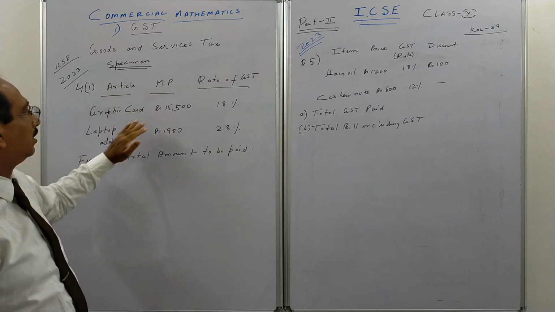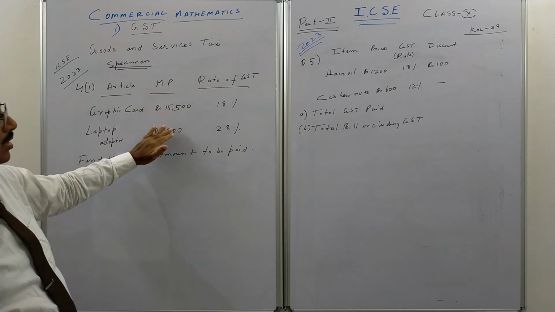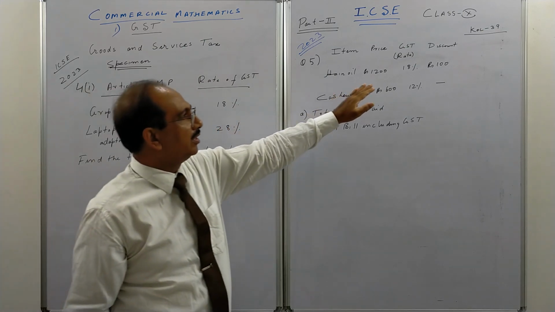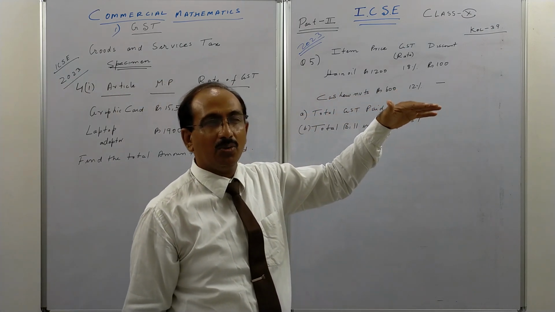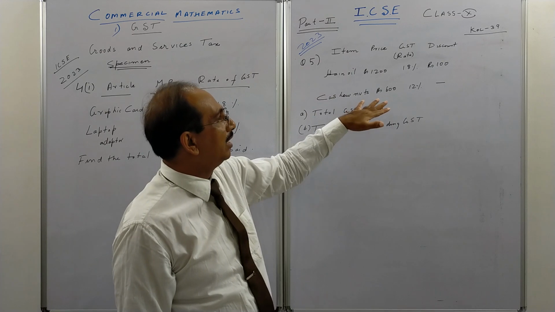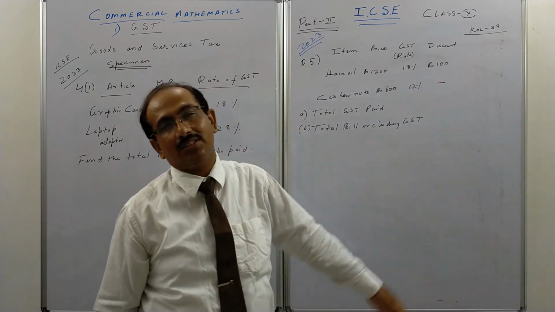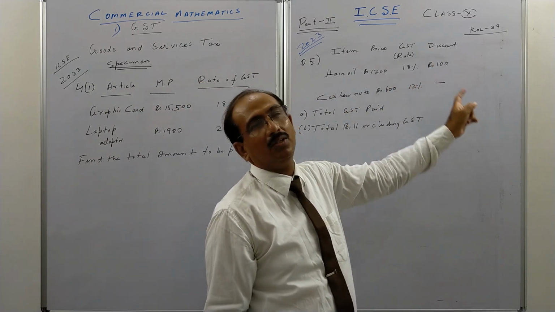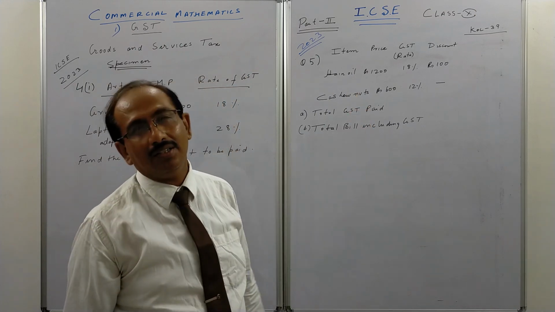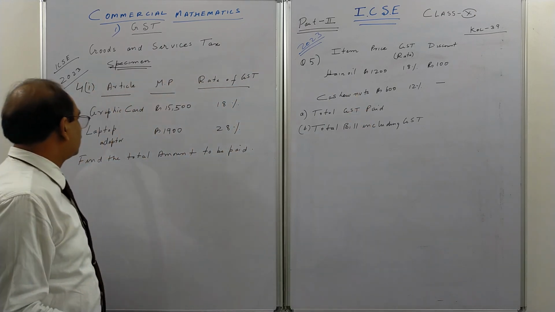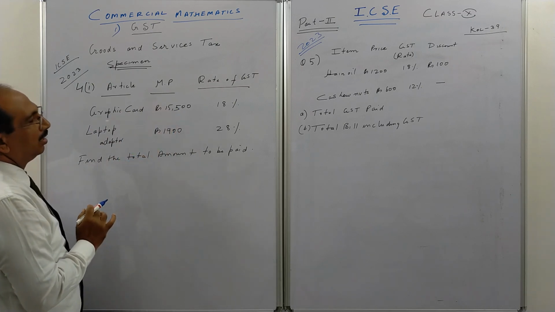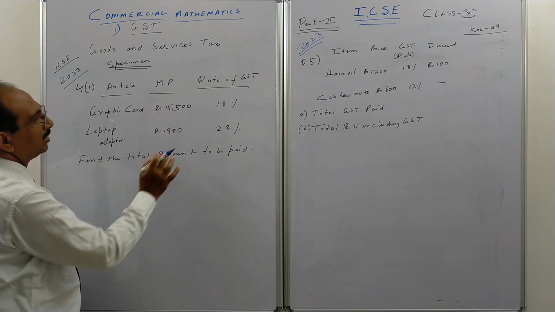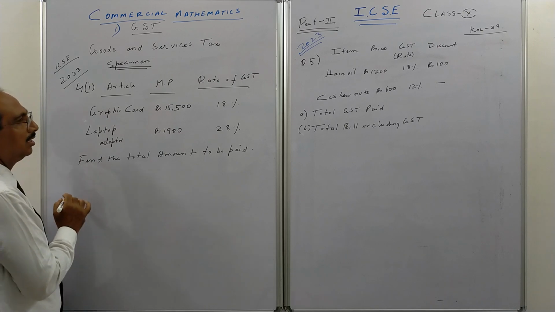There are 2 items, marked price given, rate of GST given 18, 28, but here we have 12. This is very close to the real tax slabs, but here a discount is there, children. Many children don't see this discount, so you have to see it very carefully. The graphic card has a marked price of 15,500 and the rate of GST is 18%.